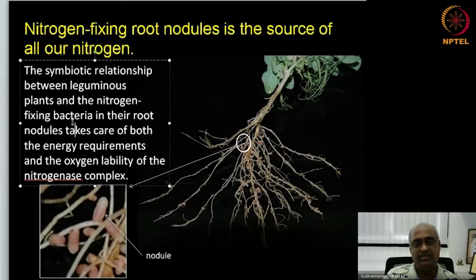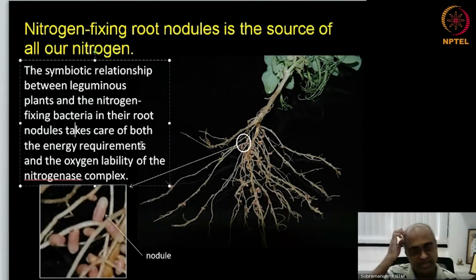And here in the symbiosis, the gain for the plant is fixed nitrogen, that is in the form of ammonia for use, and the benefit for the bacteria is that the root provides all the energy requirements for reducing nitrogen.